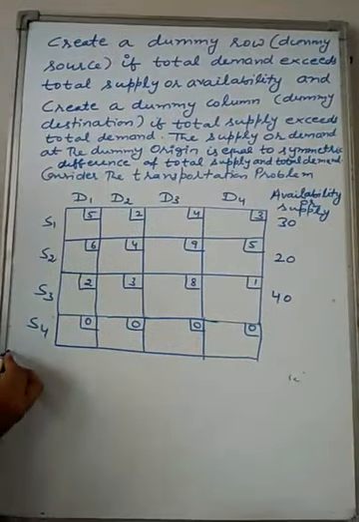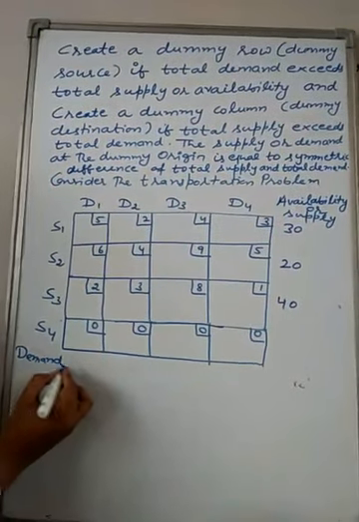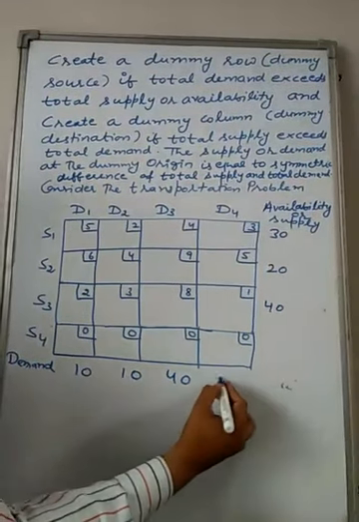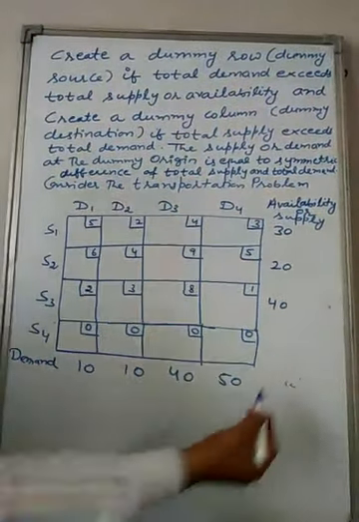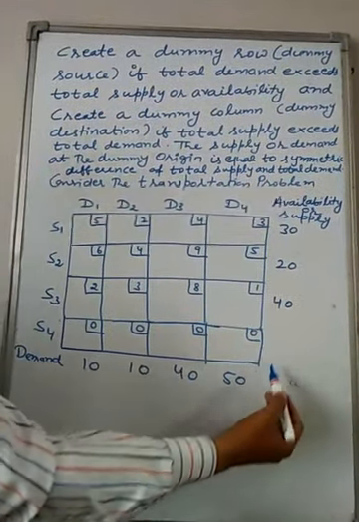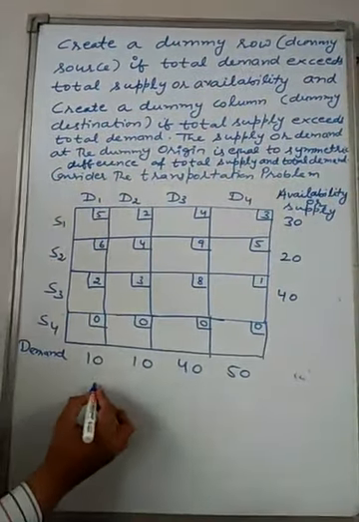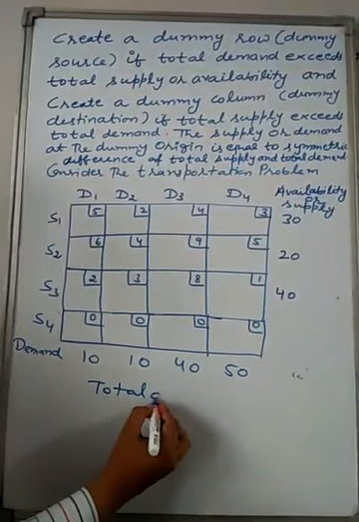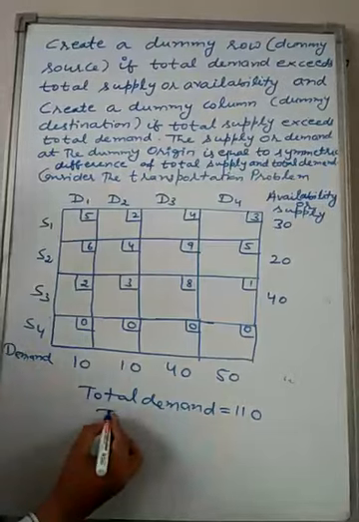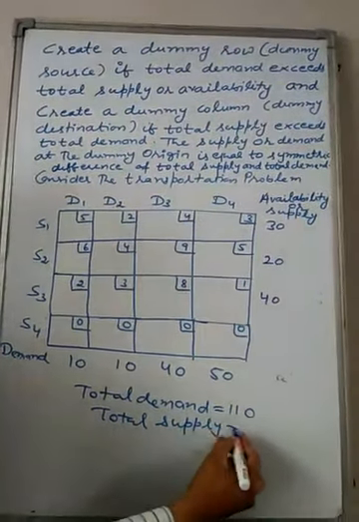Now this is our demand, which is given as 10, 10, 40 and 50. Now what is the availability at this source? The availability at this source is the difference of total supply and total demand. Our total demand is 110, total supply is 90.